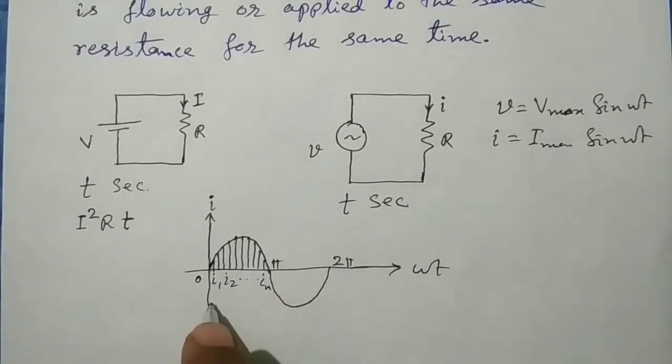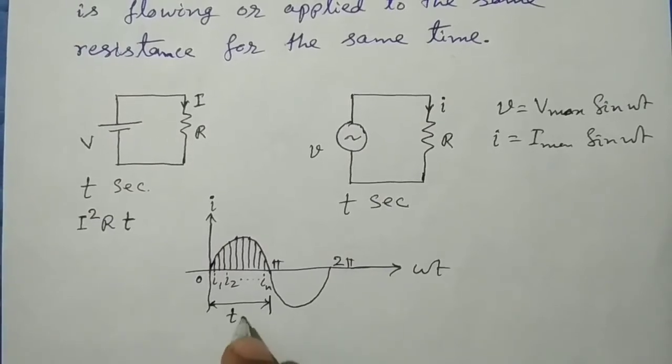And let's consider that to complete the positive half cycle, it takes T seconds.